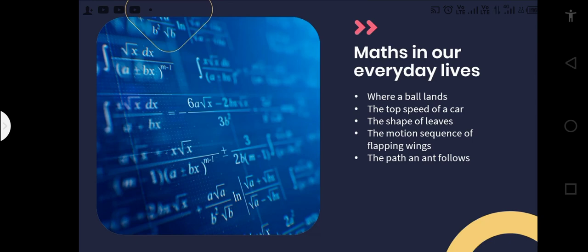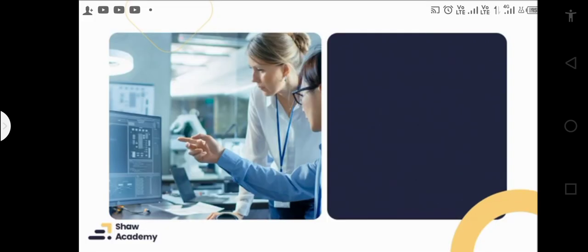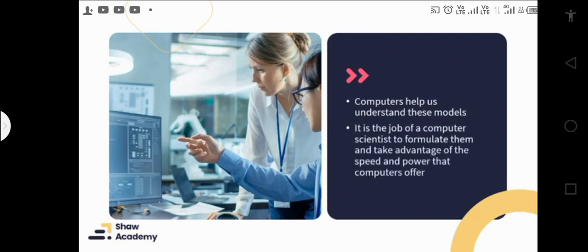We can go as far as, say, the ratio of your weight to the compressional capacity of your bones, the proportions of your arms and legs, the patterns on your fingerprints, the geometric features on your face that enable your phone to identify you, and so forth. It is amazing how mathematics is in every bit of our lives. Computers help us understand these models, and it is the job of a computer scientist to formulate these models from nature and take advantage of the speed and power that computers offer.